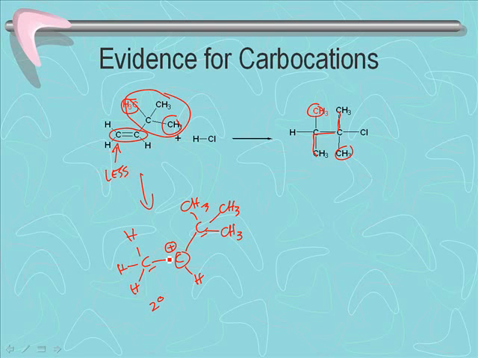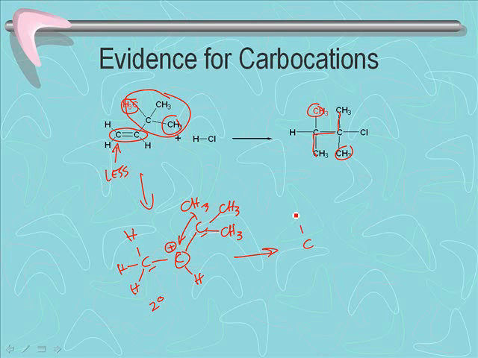And the way to do that is performing a migration of one of the three methyl groups over to the carbocation center. This is referred to as a 1-2 shift, and we first saw it back in the SN1 mechanism.